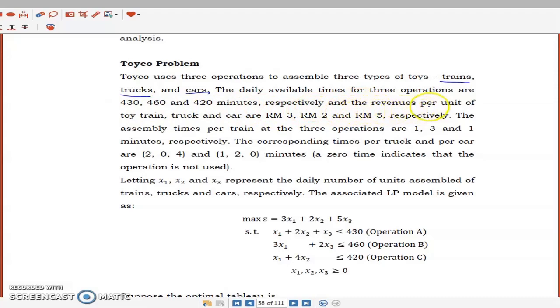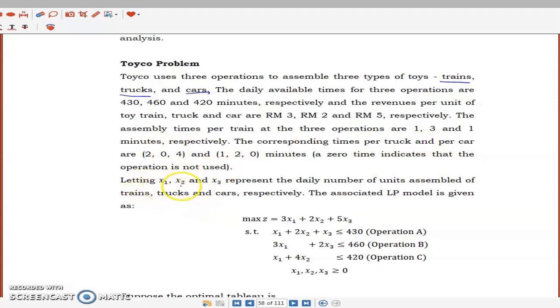The revenues per unit of toy train, truck, and car are 3 ringgit, 2 ringgit, and 5 ringgit respectively. The assembly times per train at the 3 operations are 1, 3, and 1 minutes respectively. The corresponding times per truck and per car are 0, 2, 0 and 0, 1, 2 minutes, where 0 indicates that the operation is not used.